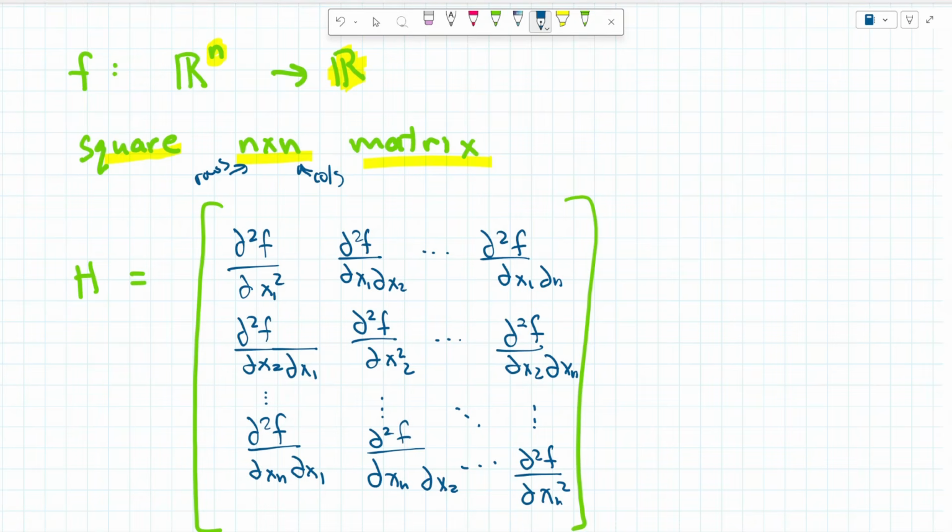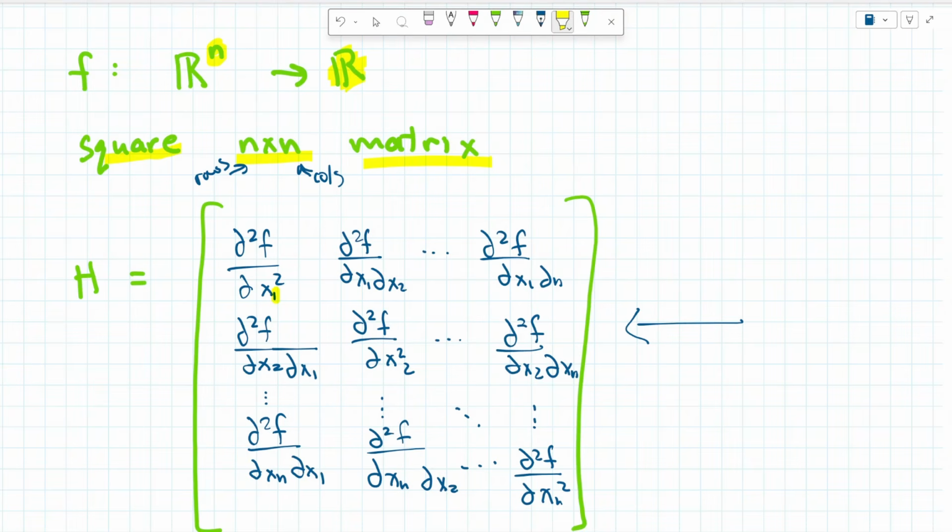Again, you see here that you have this square matrix, which is a collection of second order partial derivatives. As we go along, we start with the first row and first column, so that's why we're taking the derivative here.